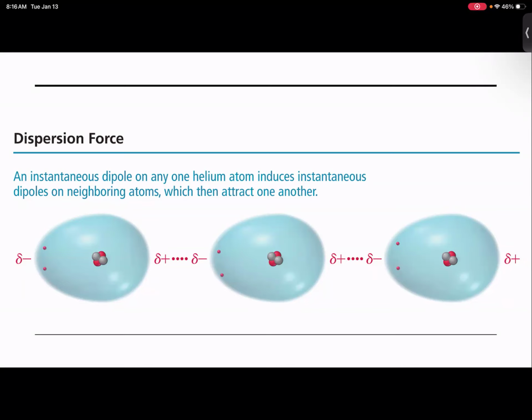Again, every single molecule, every single atom, including your noble gases, which are unreactive, have dispersion forces. They have dispersion forces because electrons are in constant motion. And since electrons are in constant motion, there is going to be a time where the electrons wind up on one side, and then they force every molecule within the substance to have a temporary dipole.